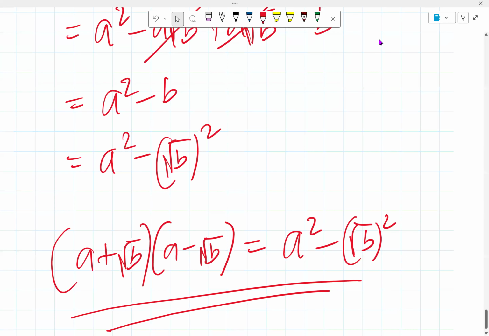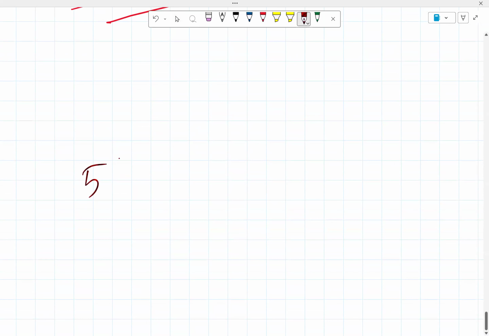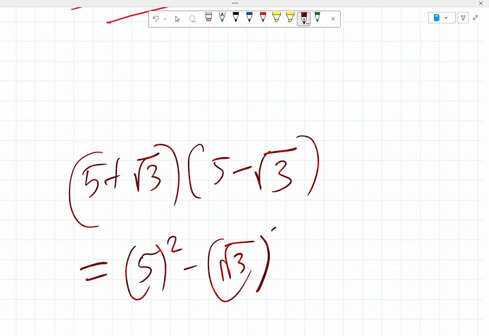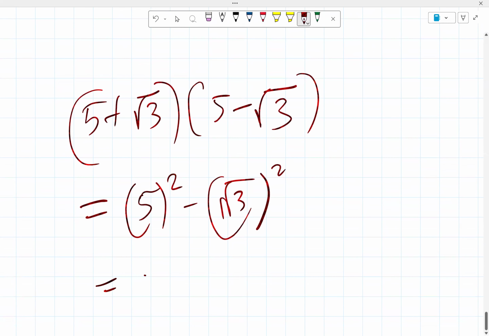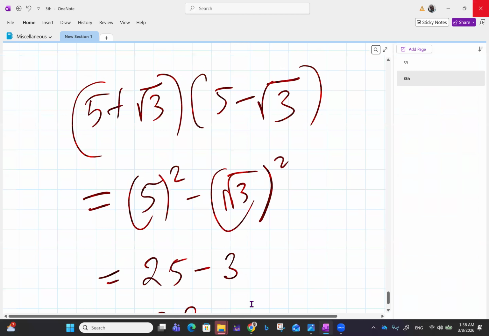This is the difference of two squares, so you have 5 squared minus root 3 squared. 5 squared is 25, root 3 squared is 3, so 25 minus 3 is 22.